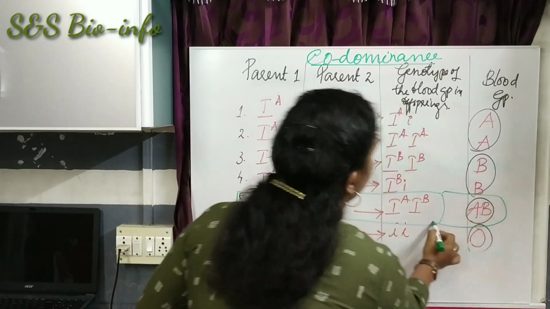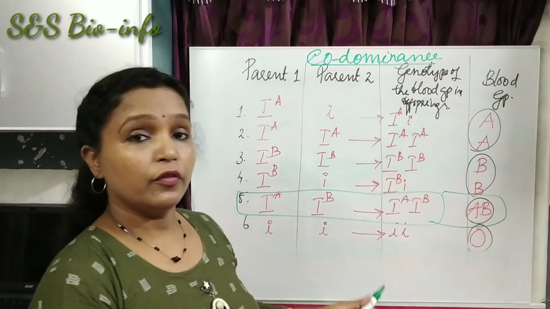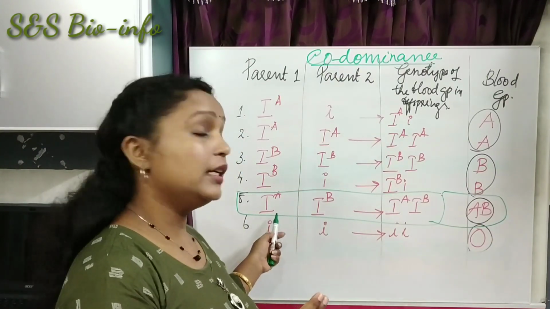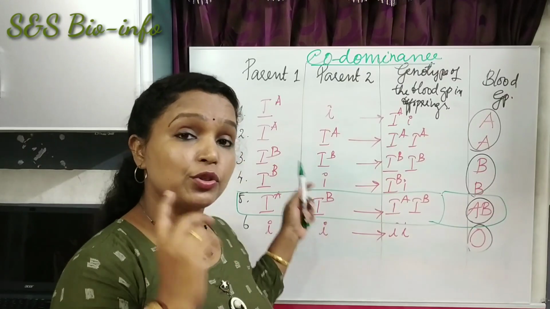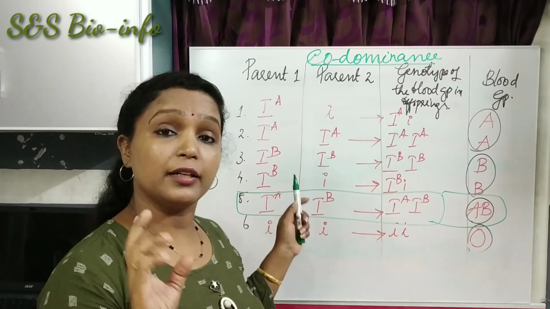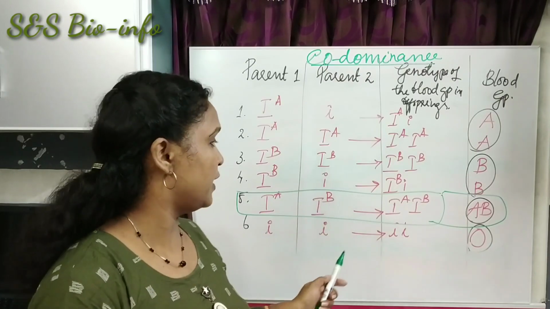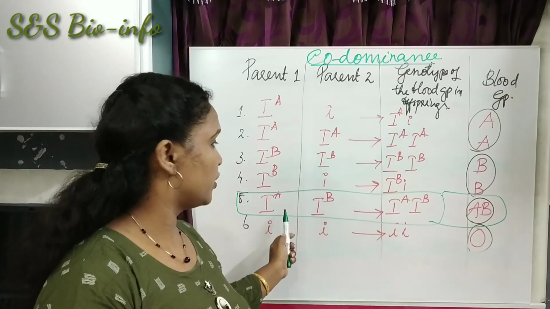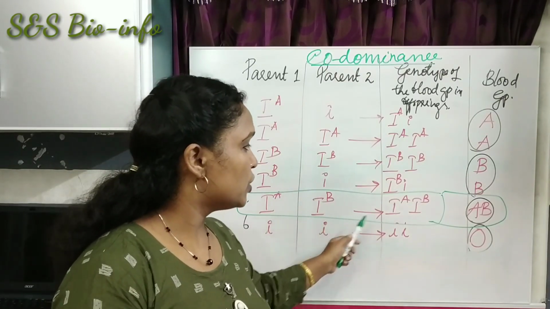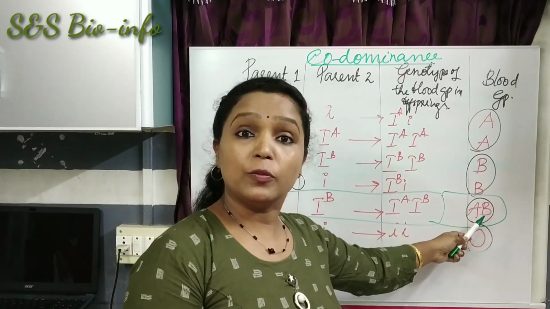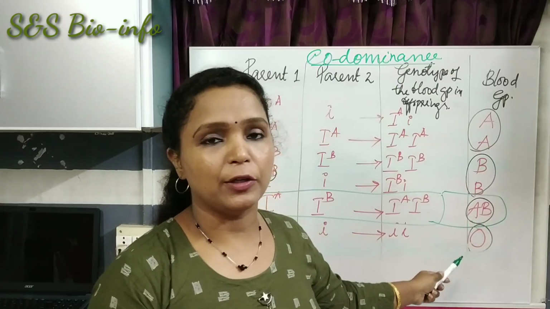When both parents contribute two dominant alleles, IA and IB, the genotype is IA IB. So the blood group in the progeny will be AB.